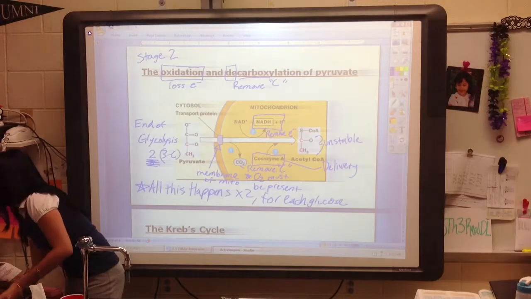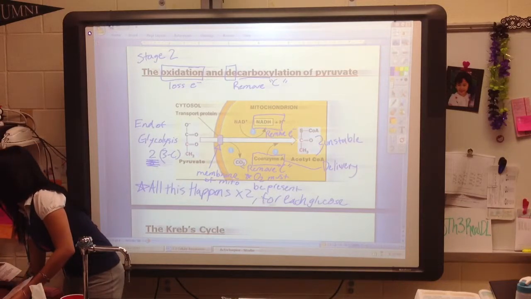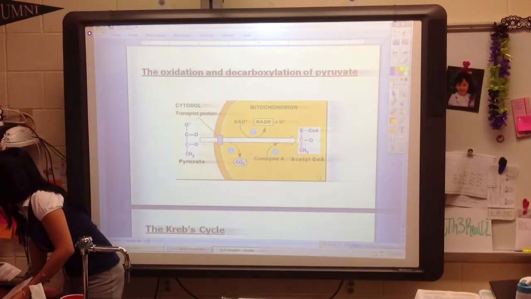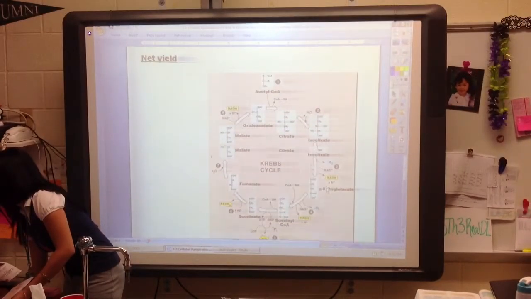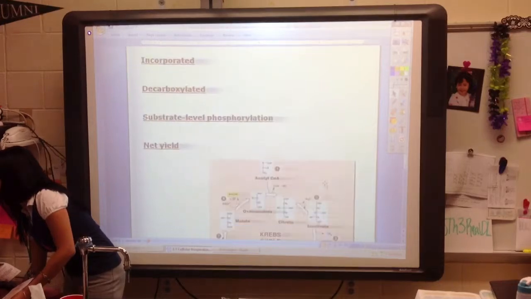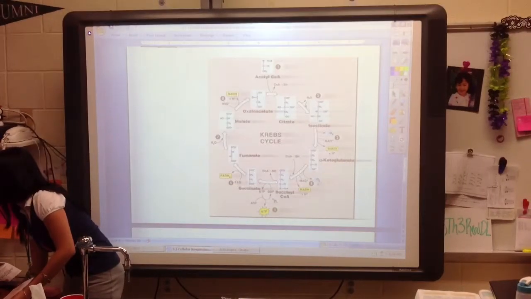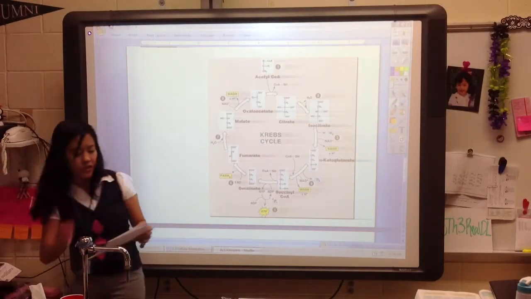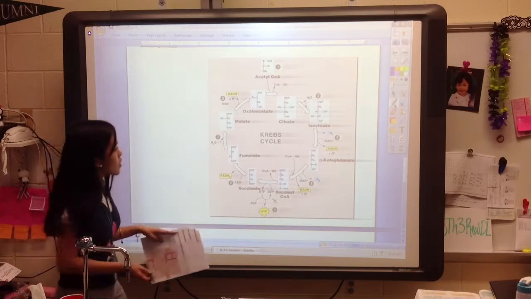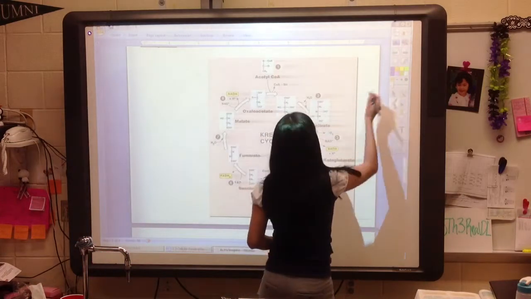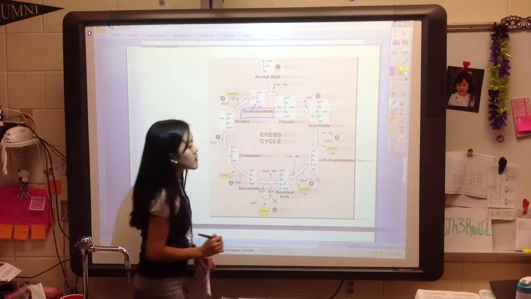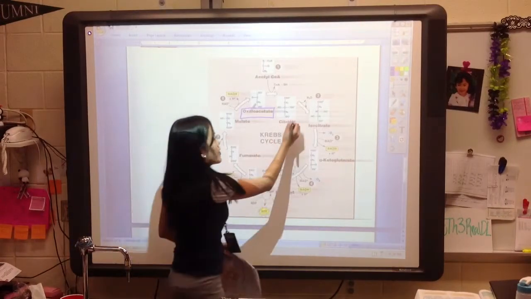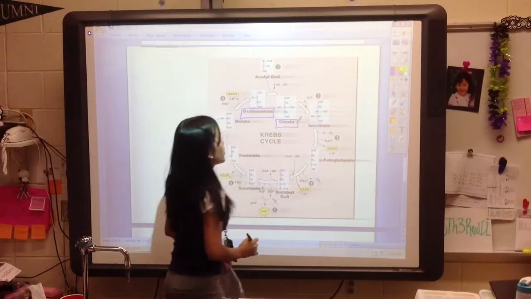So then we want to look very quickly at the Krebs cycle. I want to give you a little overview of what's happening with the Krebs cycle. We will talk about all these other steps at the top, but I do want to give us a little intro into the picture that's here. Really important things that we'll need to talk about are this oxaloacetate molecule and this citrate molecule.